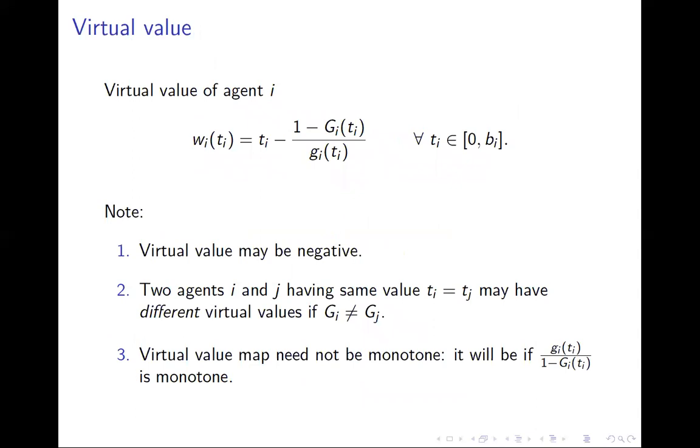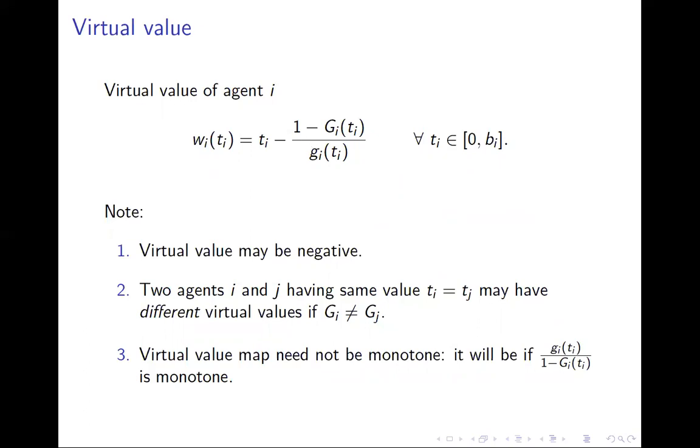Before I do that, I want to point out some properties of this virtual value function. First, virtual value is ti minus something, so it's less than ti. More importantly, it can be negative also. So this term can potentially be less than ti too.